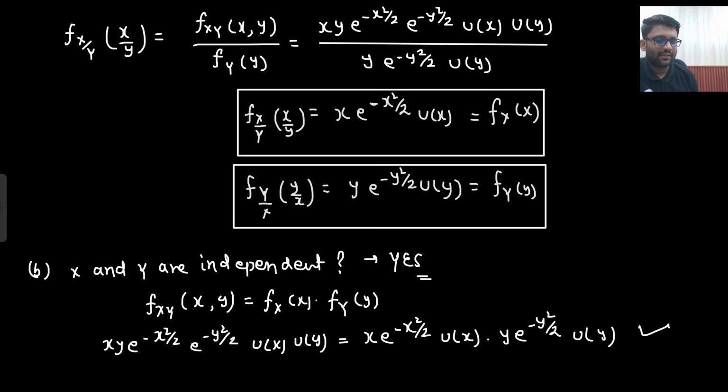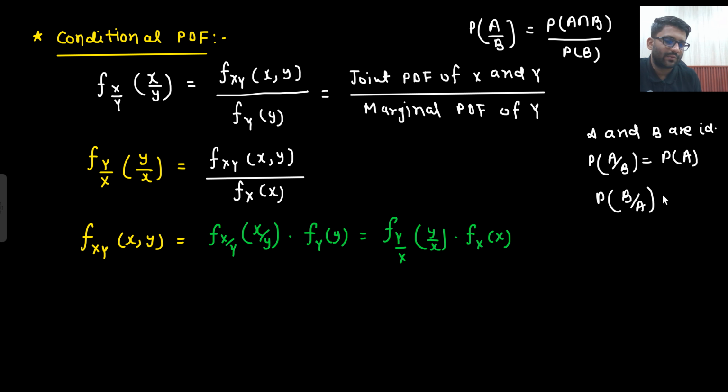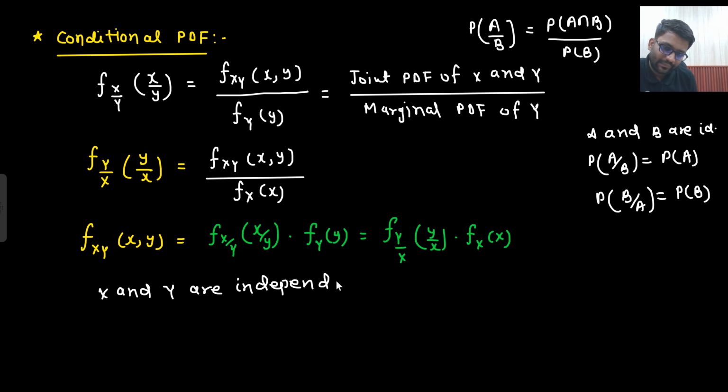Or what you can see, let's go back here. If A and B are independent, then what you used to do? Probability of A given B would be equal to probability of A, and probability of B given A would be equal to probability of B. So similarly here, if x and y are independent, that means the PDF of random variable x, such that y has already taken some value, would not be depending on y.